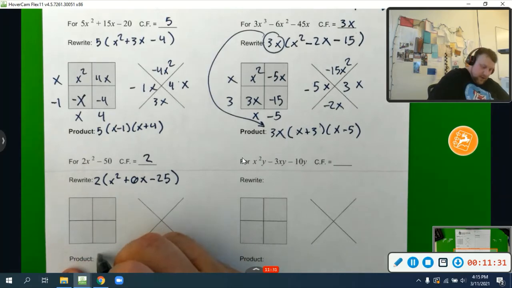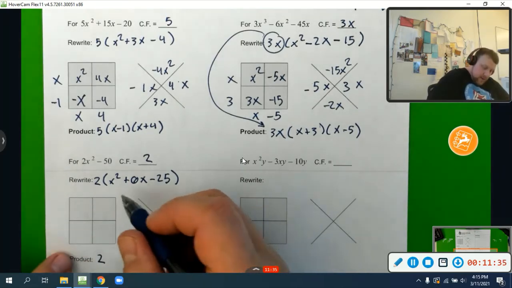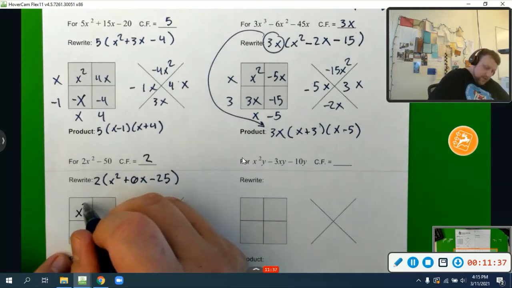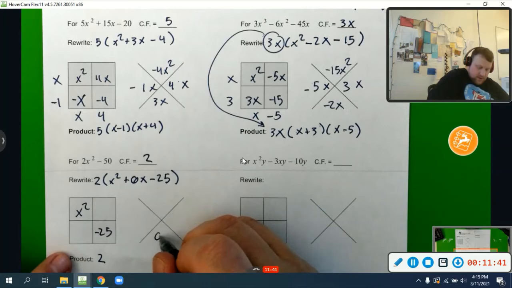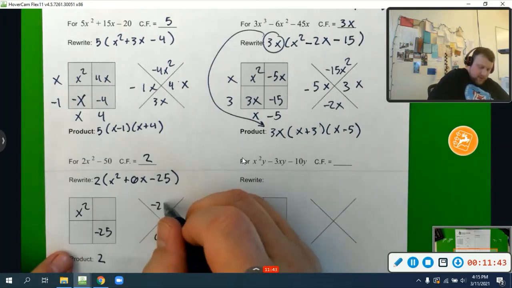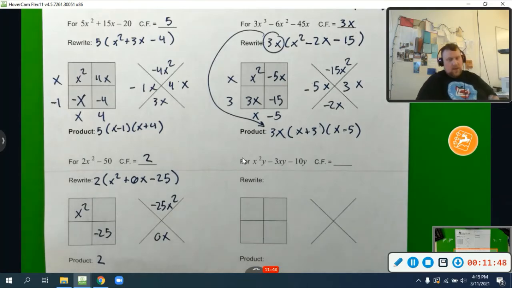So let's again write this product right there, or that factor right there. And let's factor the inside. X squared minus 25, 0x minus 25, x squared. And why don't you guys go ahead and take a minute and solve that.